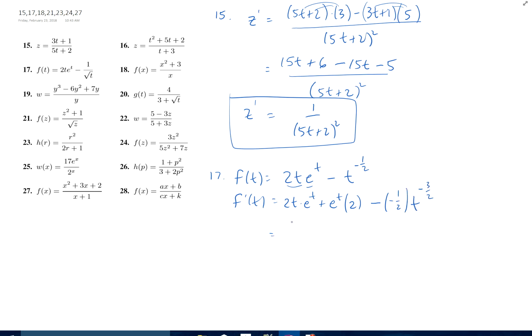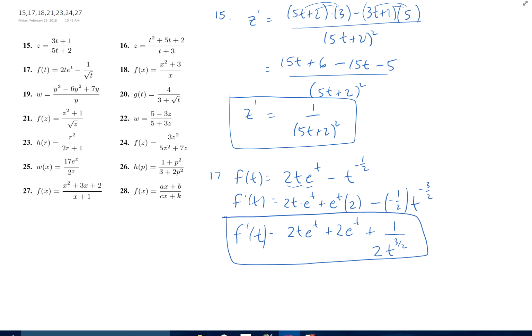So that becomes 2t e to the t plus 2e to the t plus 1 over 2t to the 3/2. Okay, so there's f prime of t on that guy.